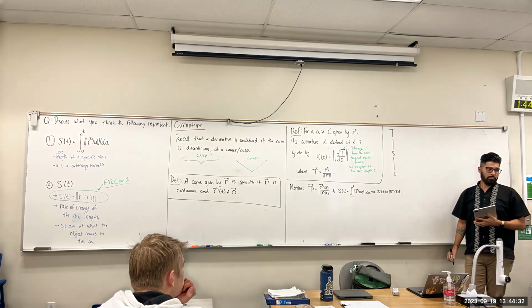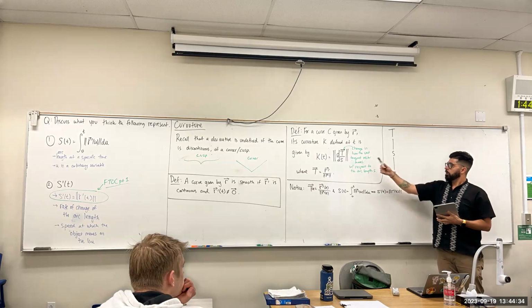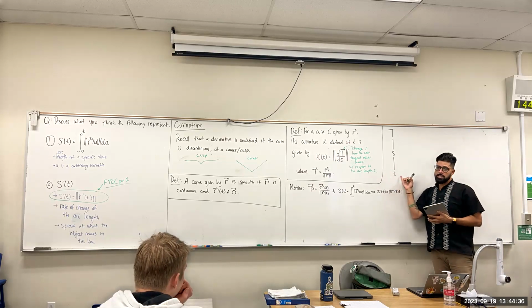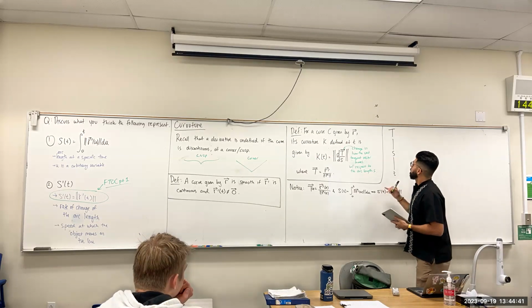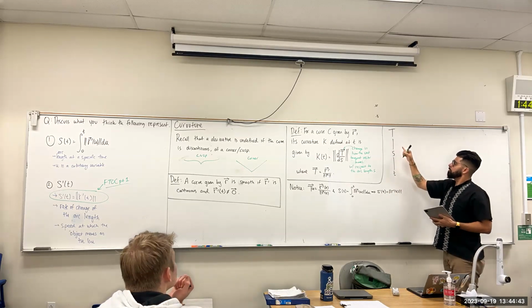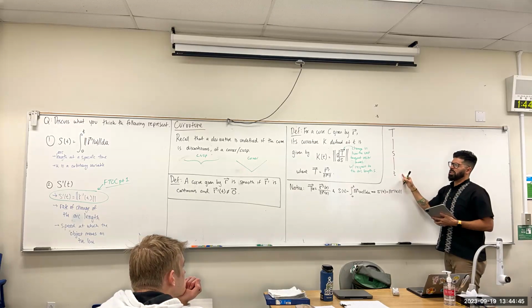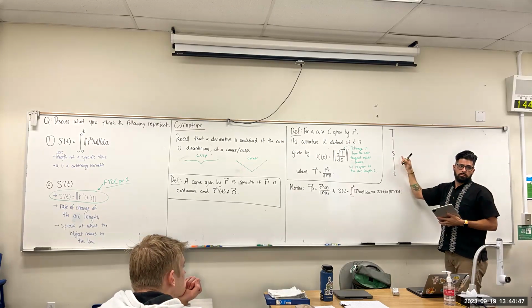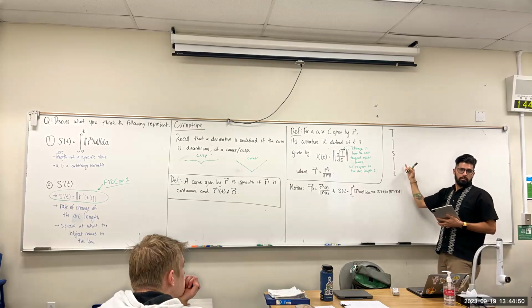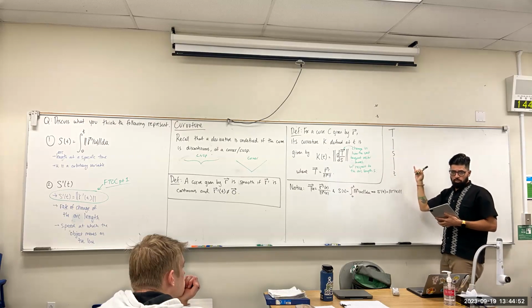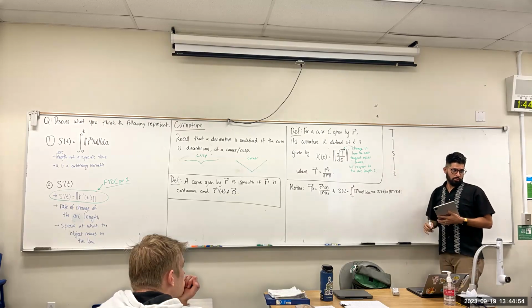I want to figure out this rate, but I want to somehow bring in t into the picture. So what did we use to find rates of change with compositions? Chain rule. Chain rule came into the picture.